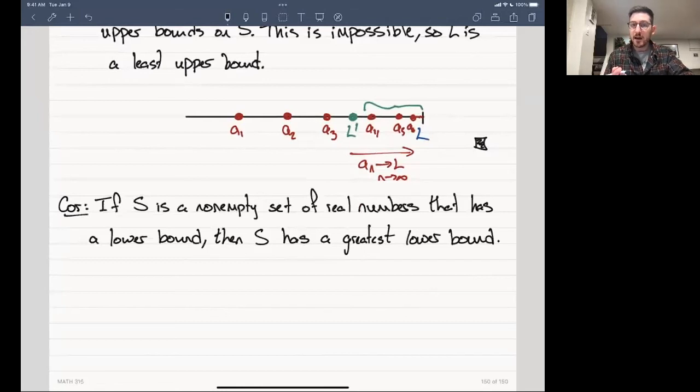So the same idea as the least upper bound. If you try to find another lower bound, it won't work, right? There's nothing that's going to be able to do that. Now, this proof is done in almost exactly the same way. I'm going to leave it as an exercise, but it's an interval halving technique again.